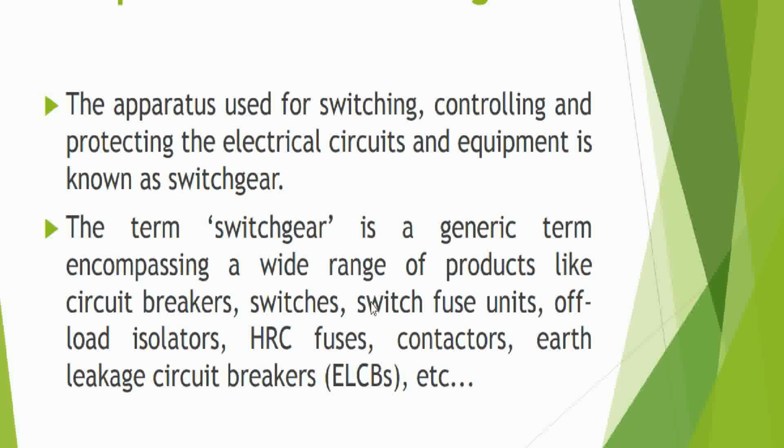The switchgear consists of relays and circuit breakers. When a fault occurs in any section of the system, the relay of that section comes into operation and that relay closes the trip circuit of the breaker, which disconnects the faulty section.